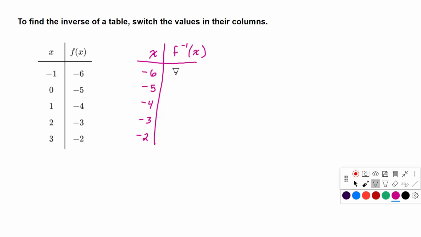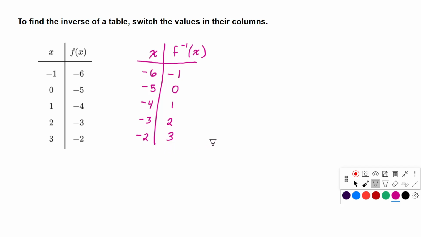And then their corresponding outputs are what their corresponding inputs were before. So -6 went with -1, -5 with 0, -4 with 1, -3 with 2, and -2 with 3.